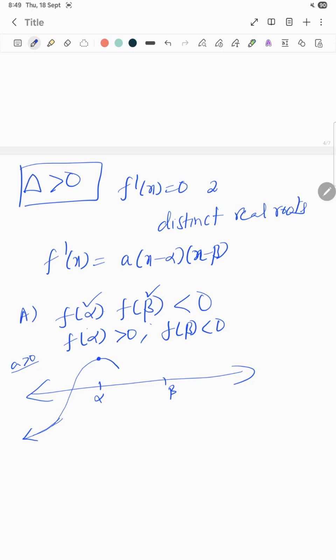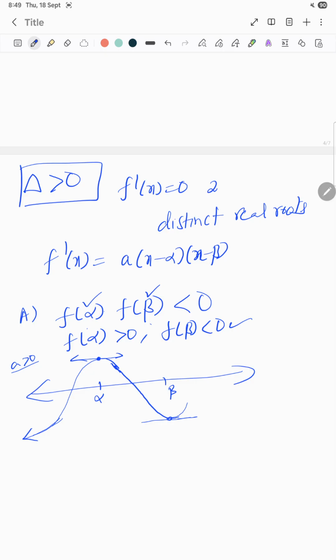Here a tangent parallel to the x-axis should come. Again, f of beta is negative, so it should come down, and again there should be a turn at beta, because f dash of beta is 0.